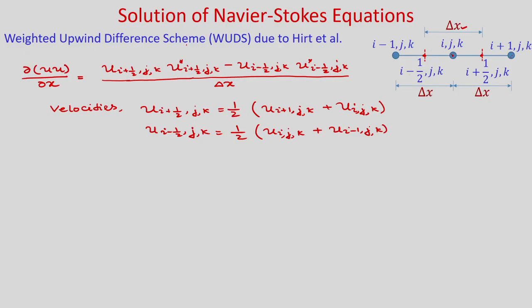Now, for this convected variable u star we will use some convection scheme, and we are going to use this weighted upwind difference scheme.